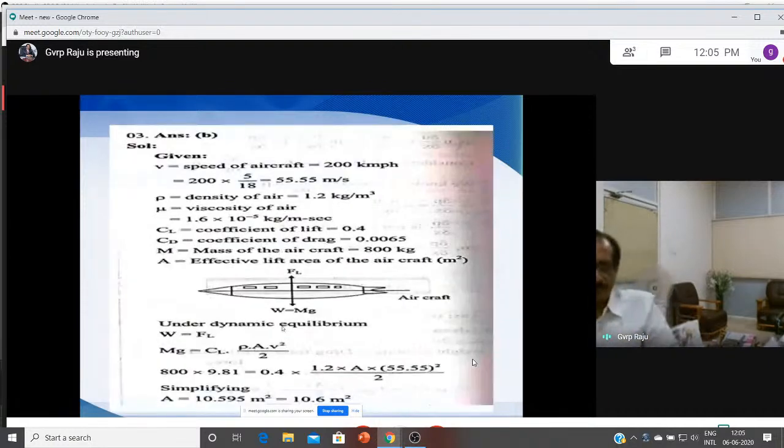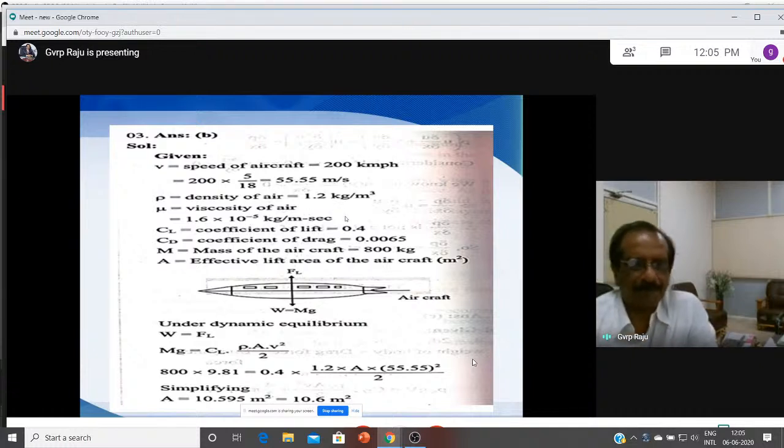So let us take this small problem. Very simple one. The speed of the aircraft is 200 kilometers per hour, and you can convert it by multiplying by 5 by 18 to meters per second. 200 into 5 by 18 is 55.55 meters per second. The density of air is given as 1.2 kg per meter cube, and mu is the viscosity of the air, given as 1.6 into 10 power minus 5 kg per meter second.